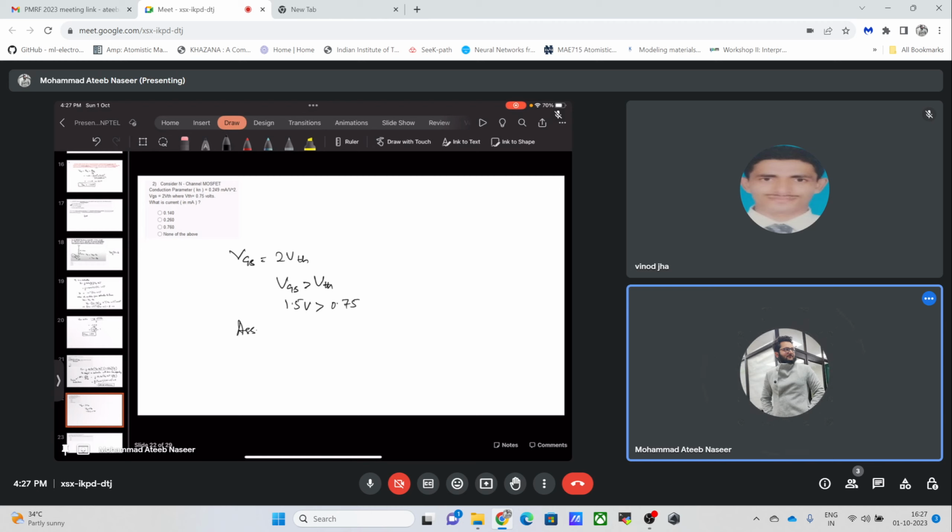assuming that this MOSFET is in saturation, let us consider the MOSFET is in saturation. So if we take the equation for this ID, it would simply be 0.249 into 10 to the power minus 3 times VGS minus VTH, which is 1.5 minus 0.75, so it would be 0.75 whole square.